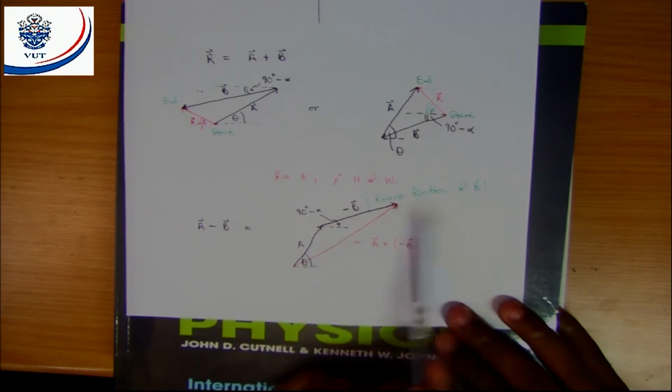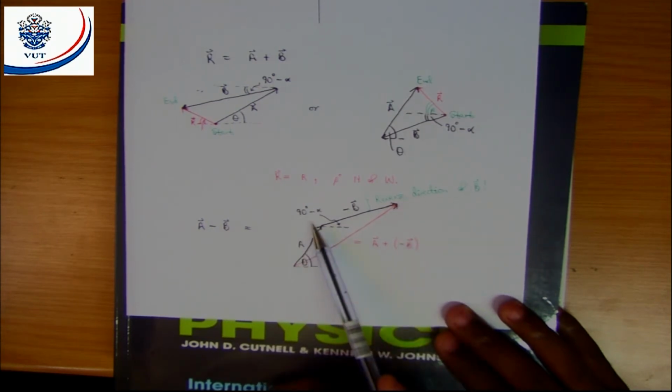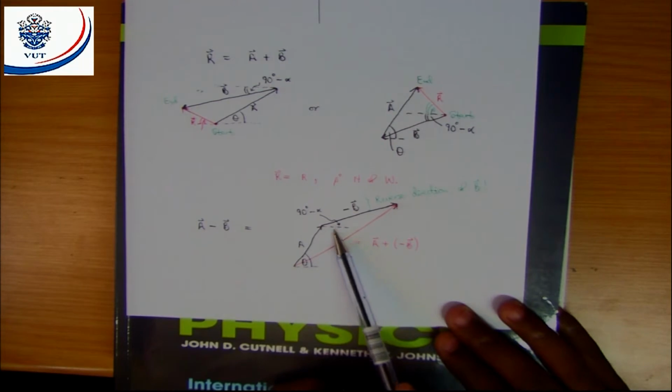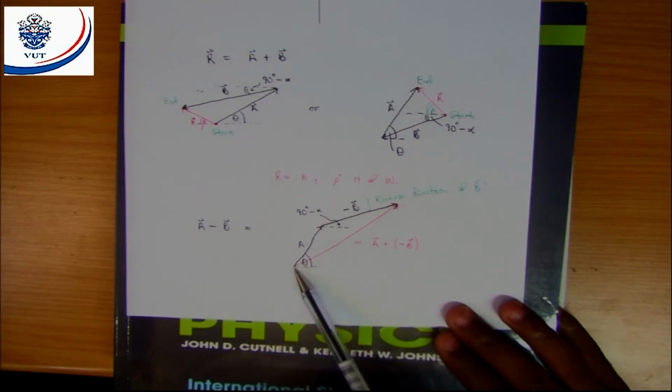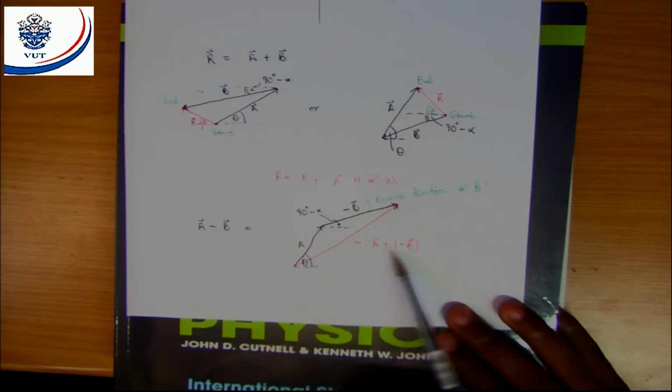So you reverse the direction of B, and the angle it forms with respect to the x-axis is 90 minus alpha, and the resultant is from the starting point to the end point, and that's just A plus negative B, and it's an arrow like that. Notice that this is very different from the resultant we got before.